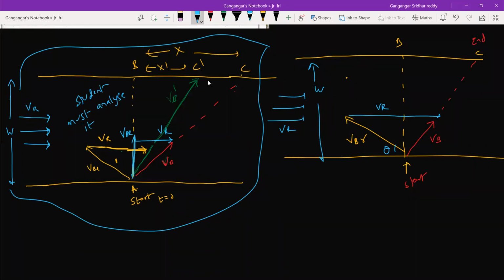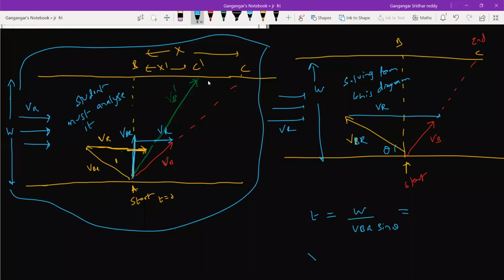This is for solving the problem. Solve from this diagram. Okay, now the time taken is W by Vbr sine theta.